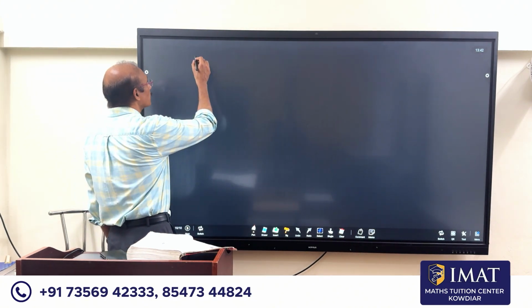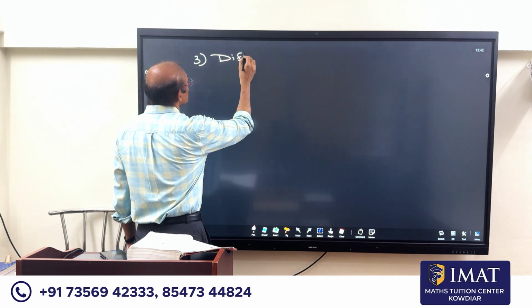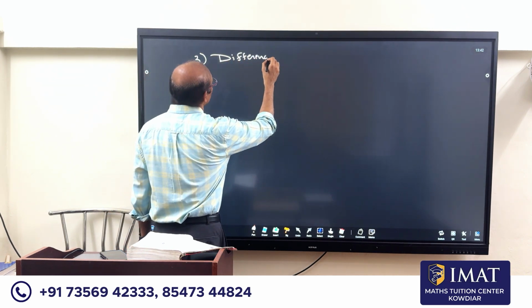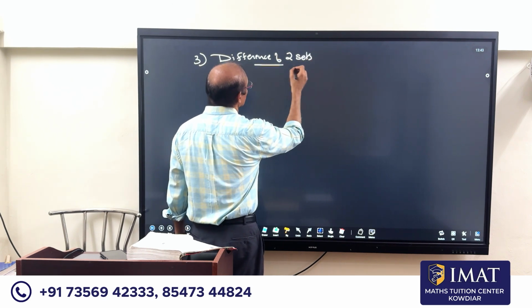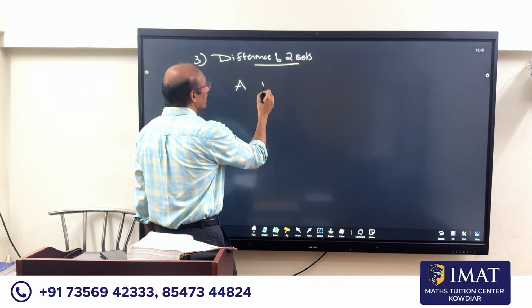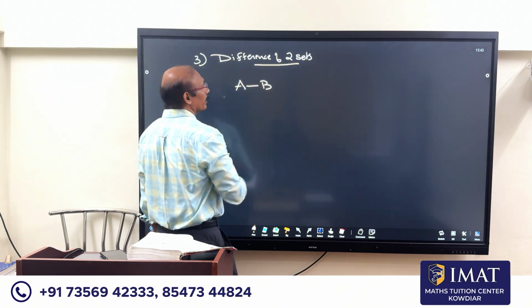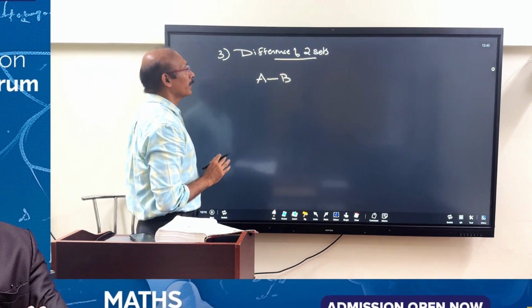The third one, let us come to the third one. The third is difference of two sets. Let me take two sets A and B. The difference of two sets is written as A minus B. What do you mean by saying A minus B?